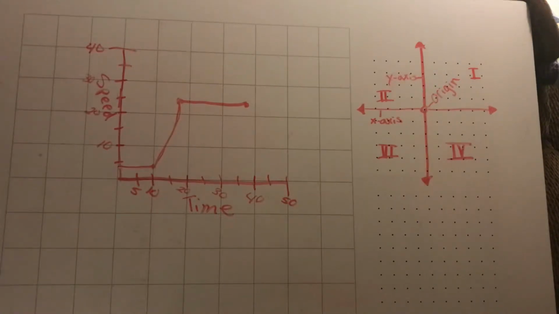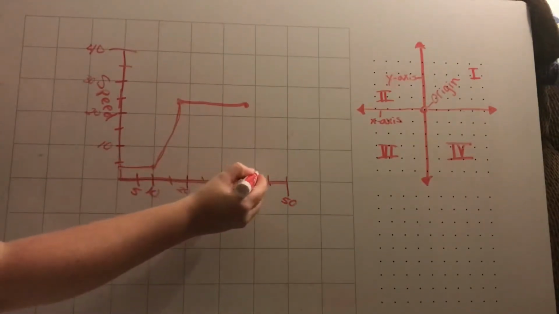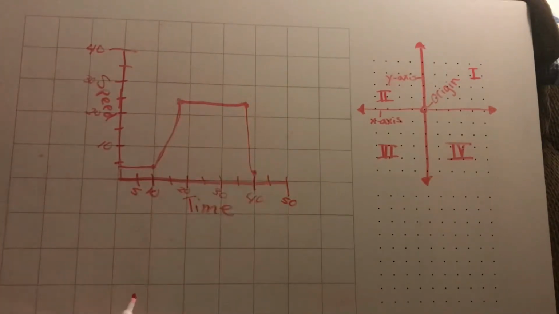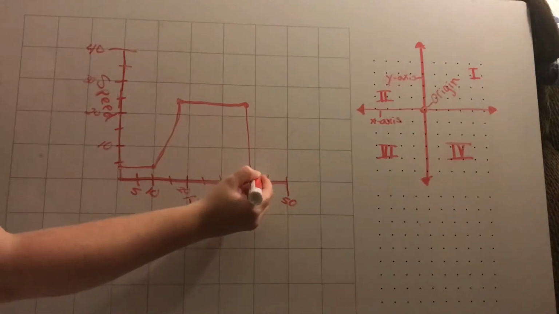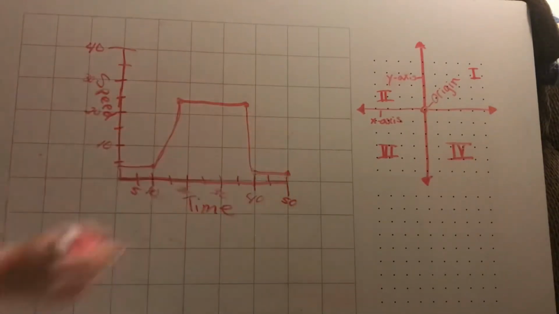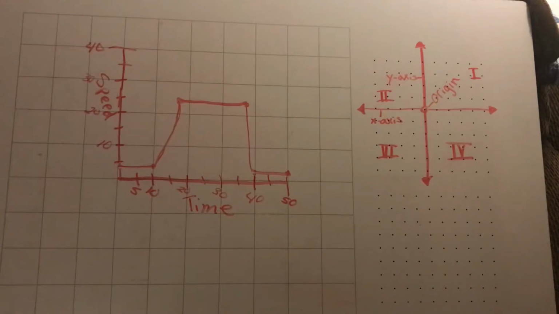Then pretty quickly, so in 3 minutes, it drops back down to the speed we were prior. And stays there for another 10 minutes. Okay? So, this little graph is a representation of our horse's speed over a matter of 50 minutes.